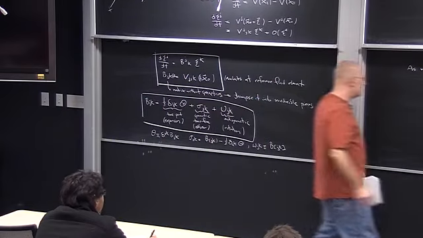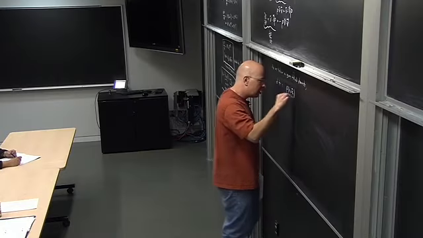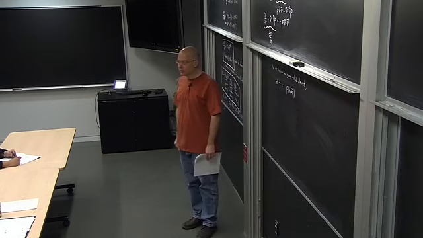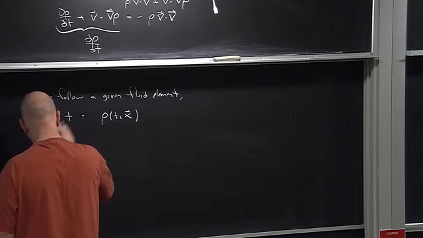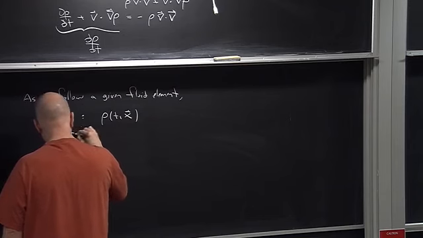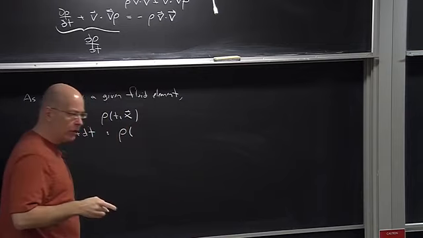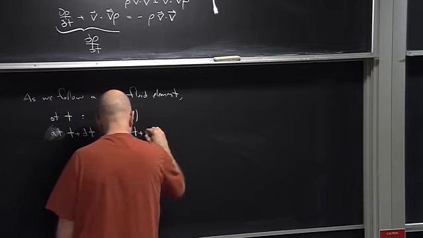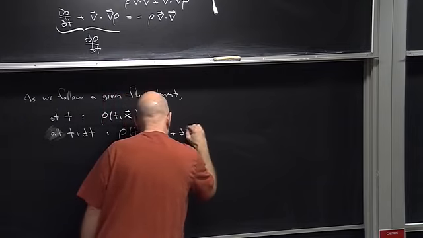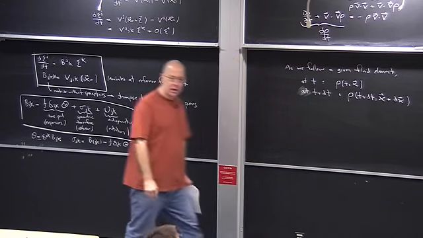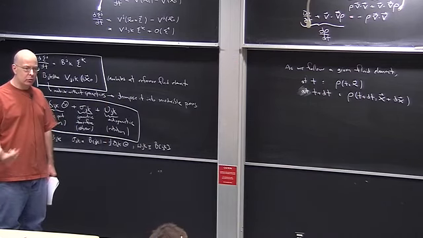The density at t is obviously going to be the density of the fluid at the position of my fluid element. At t plus dt, the density of the same fluid element is going to be what the density will be at the later time, obviously, but I have to account for the motion of the fluid element in space, right? Because the fluid element is going to be displaced relative to its previous position.